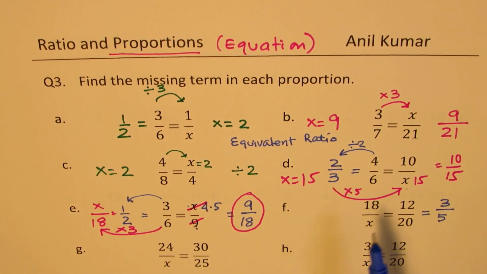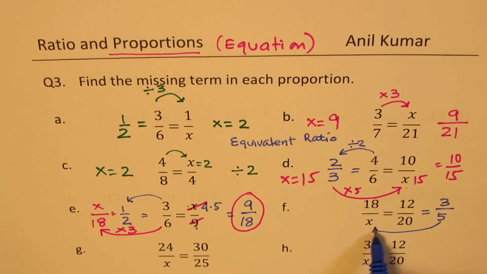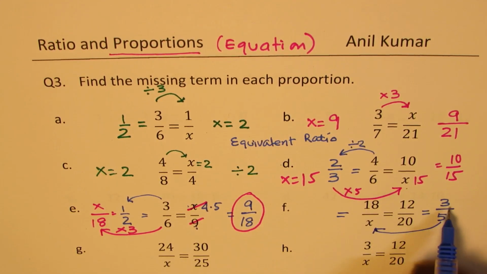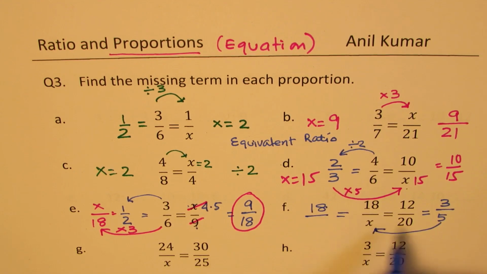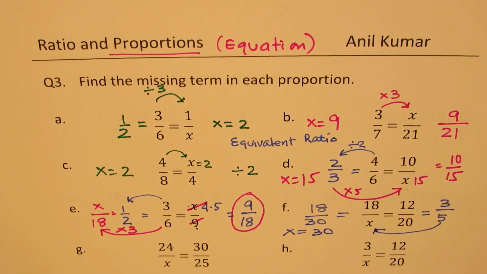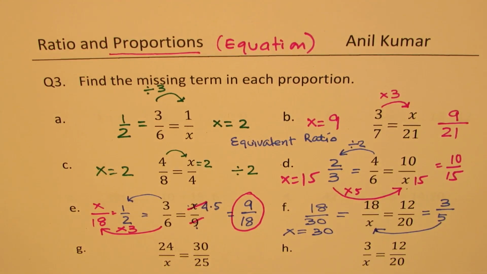And now from 3 over 5 we can easily get 18 over x, correct? So that is by multiplying by 6. 6 times 3 is 18 and 6 times 5 is 30. So x is 30, right? So we get x equals 30. Is that clear to you? So that is how you're going to do it.